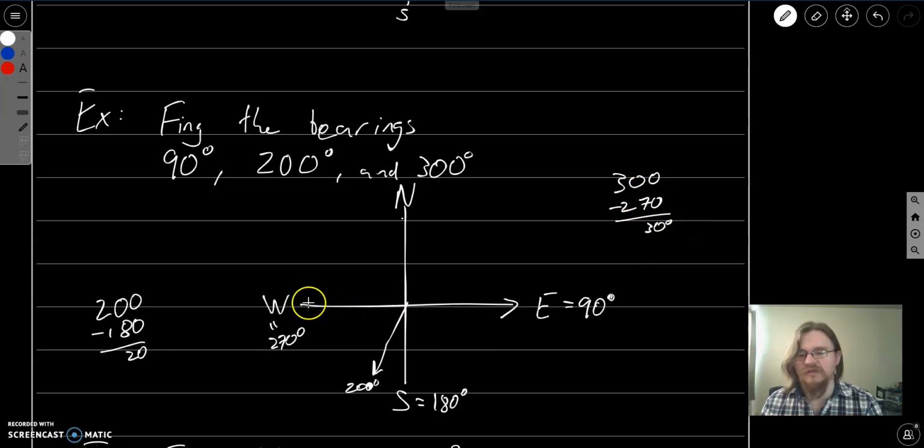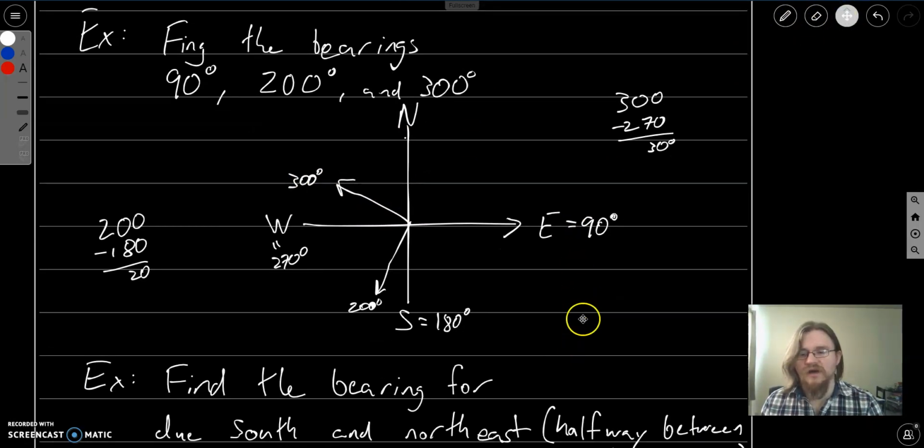So we are going to be 30 degrees past this. So it'll be something like that, where this angle is going to be 30, so that the entire angle from north all the way around to there is going to be 300. So it takes 270 to get to here and an extra 30 to get to our bearing, which is going to be 300. Cool.